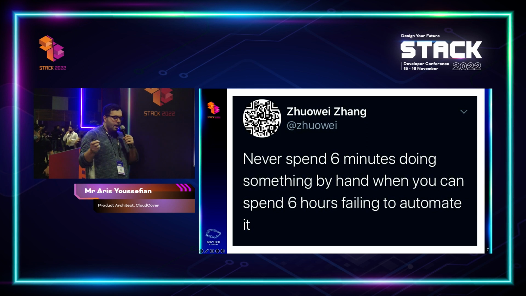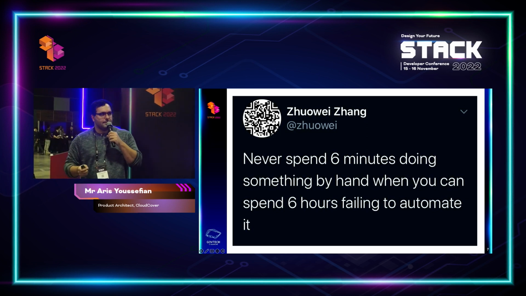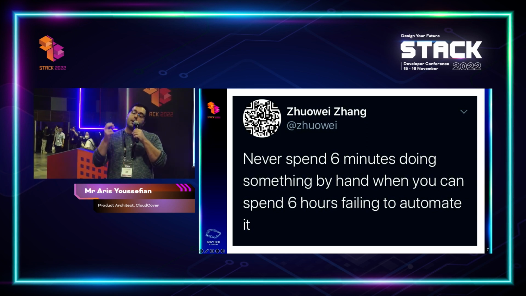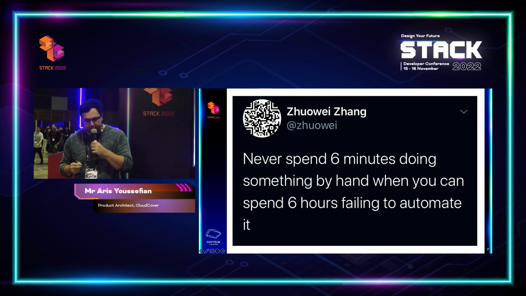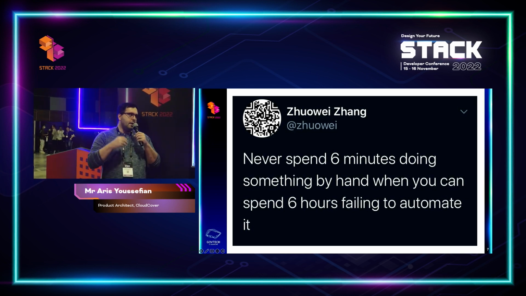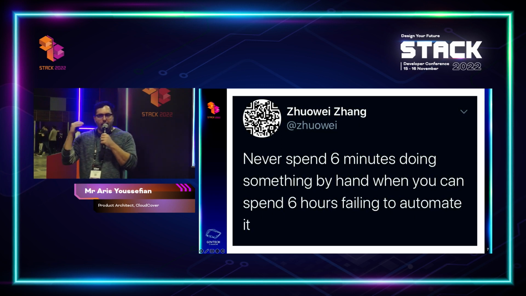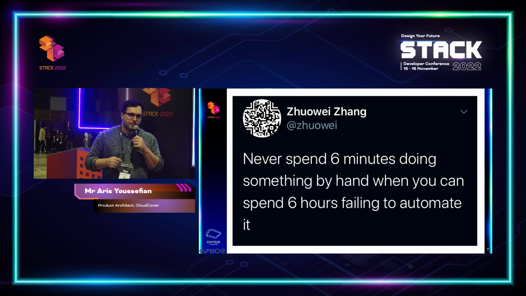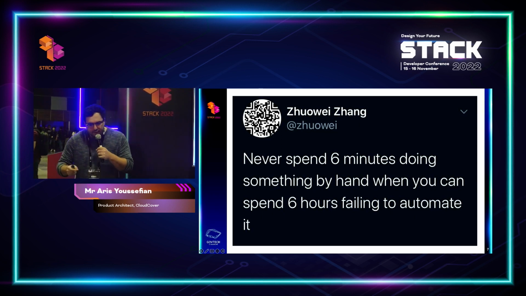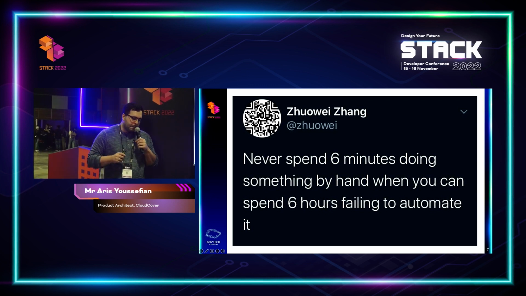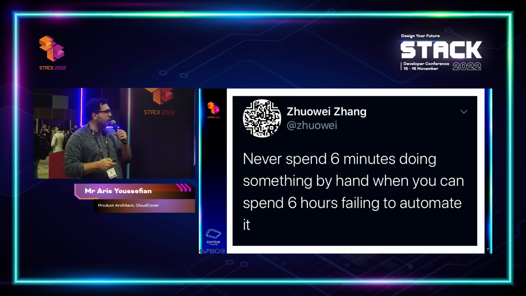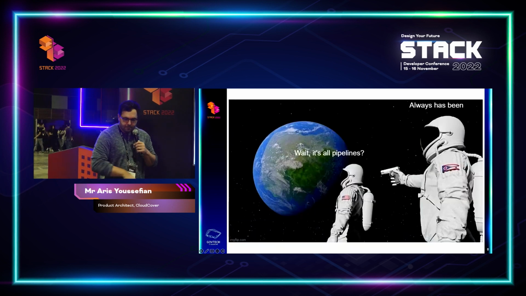So, automation lies at the center of all of these activities. The more we automate, the less cognitive load that we have as developers, right? Now, what does automation truly mean? This is where the power of the pipeline comes in.